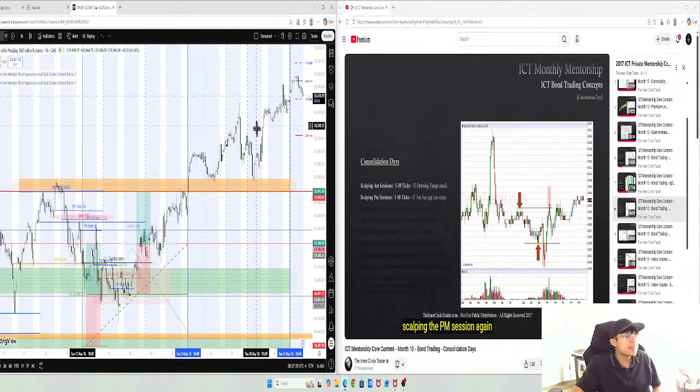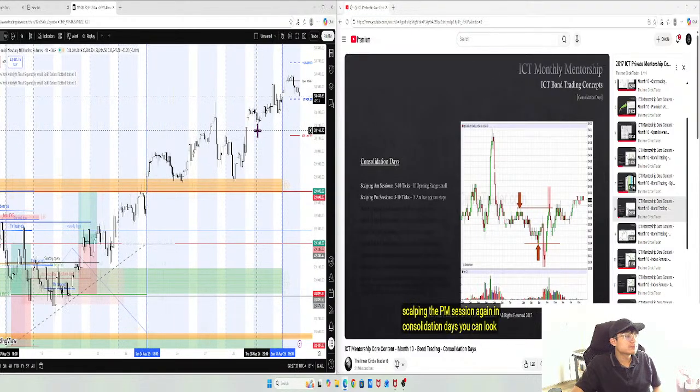Scalping the PM session, again, in consolidation days, you can look for 5 to 10 ticks, but there's one caveat with trading the PM session on consolidation days. You only want to trade the PM session if the AM session has not yet run a stop run. In other words, if there's a liquidity pool that has obviously not been tapped, that's generally what's going to be seen in the PM session.